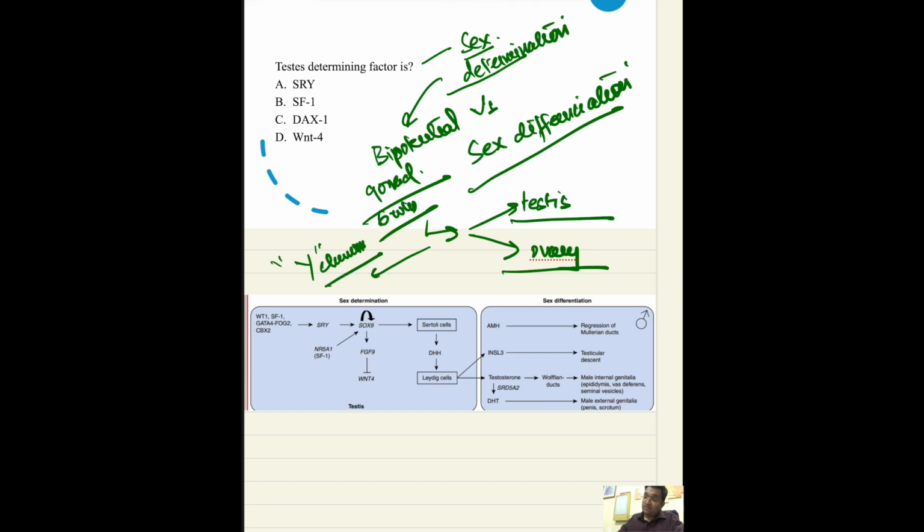So the question is on another level. What part of the Y chromosome actually decides how the bipotential gonad will develop into testis? So the Y chromosome is actually divided into heterochromatic and euchromatic regions.